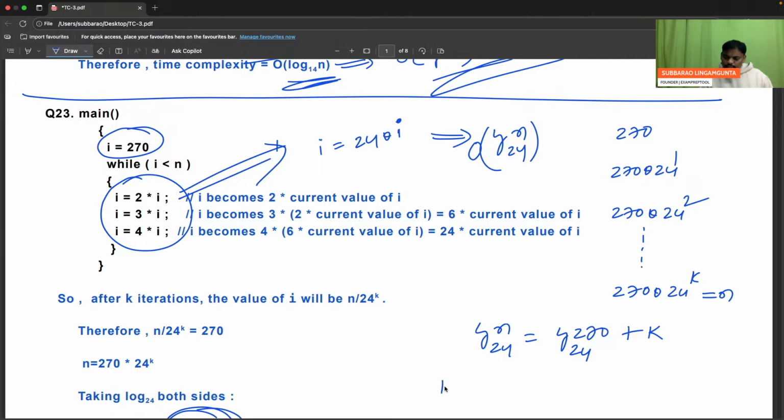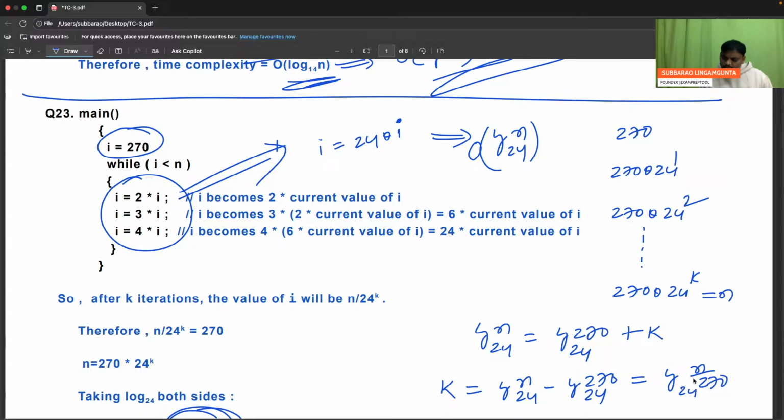Finally, k is equal to log n base 24 minus log 270 base 24. Right? Common base. Same story, which goes to log n by 270 base 24.